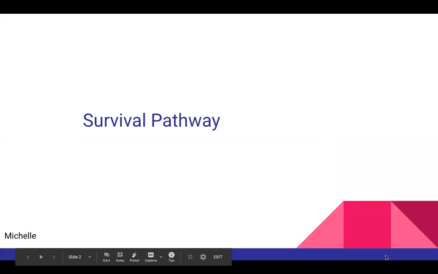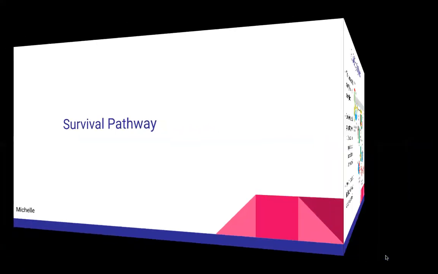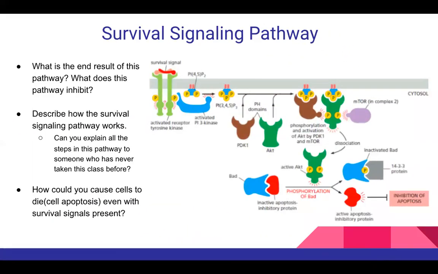So the first pathway I'm going to talk about is the survival pathway. For the survival pathway, these are just some key questions to think about. What's the end result of the pathway? What does the pathway inhibit?